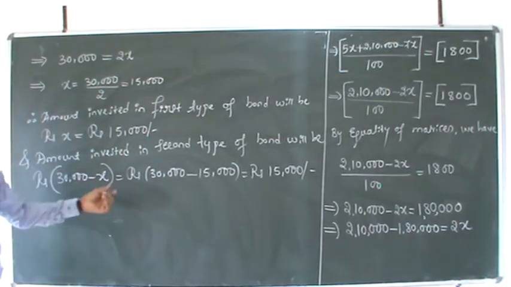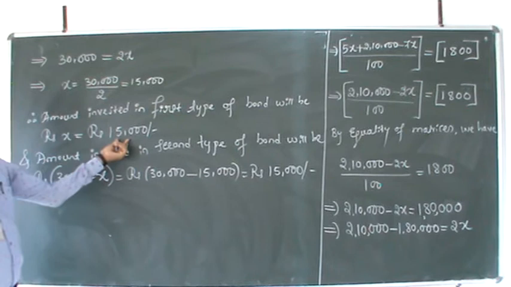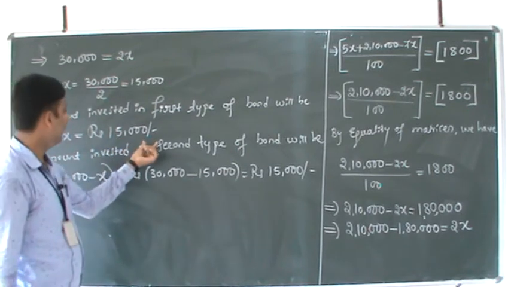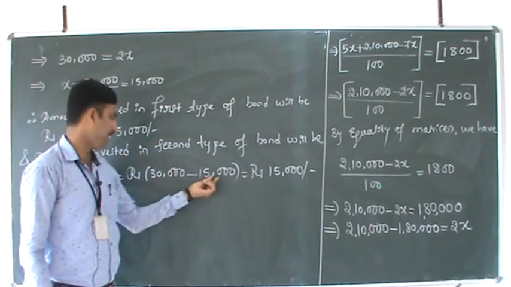Amount invested in first type of bond will be rupees 15,000, and amount invested in second type of bond will be rupees 30,000 minus x.